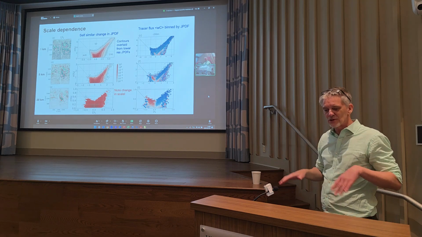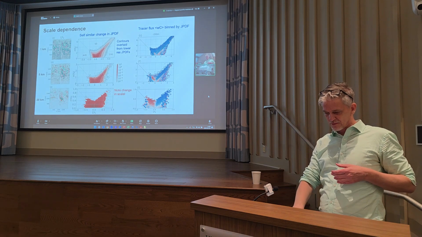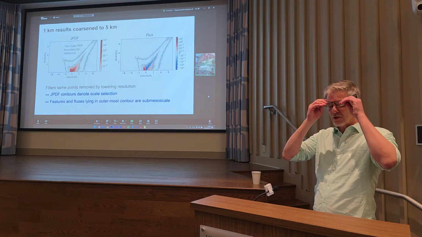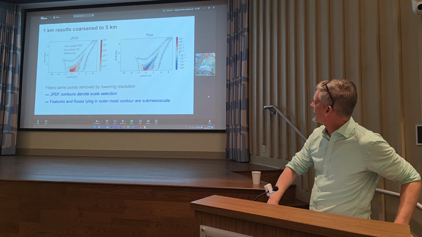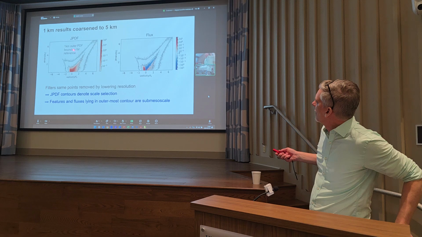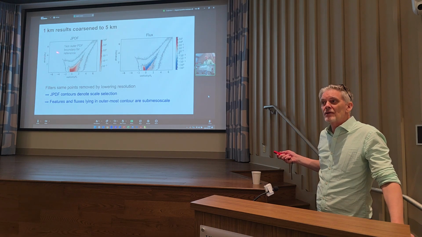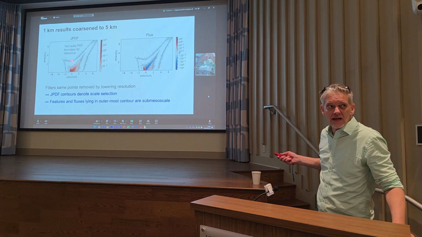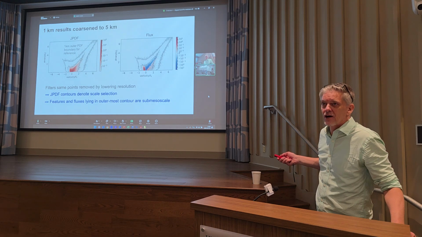There's a better, more quantitative way to do this in the paper, but there's a very strong indication that those extra features are from the increased resolution. We also did something to show this: if I take the 1 kilometer results and smooth them, coarsen them down to 5 kilometers, and make the same statistical calculation, all that stuff ends up in that inner contour.